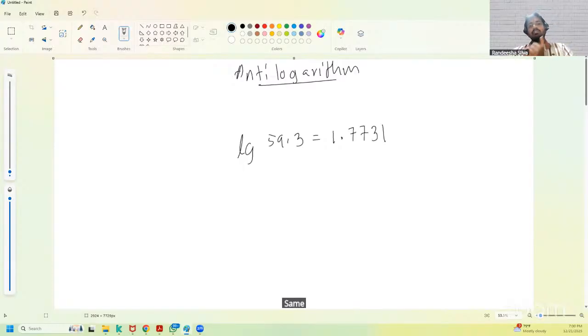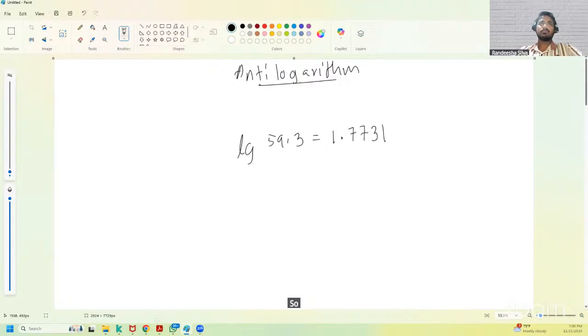If we know that log 59.3 equals 1.7731, then we say the anti-logarithm of 1.7731 is 59.3. So, got it? Easy. So, anti-logarithm is the other part.